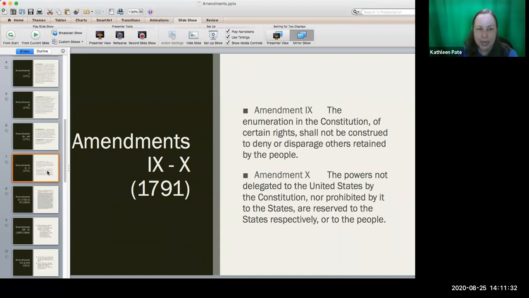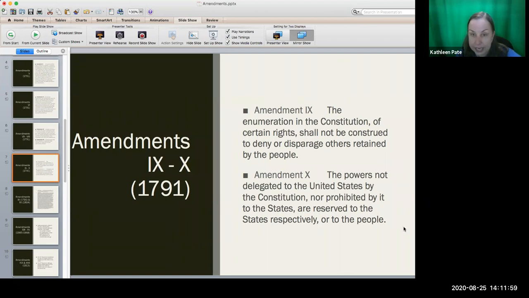And if you look at 9 and 10, which is where we are now, these limit the power of the federal government. And these are subject to a lot of interpretation, kind of like search and seizure or the right to bear arms. The enumeration in the Constitution of certain rights shall not be construed to deny or disparage others retained by the people.